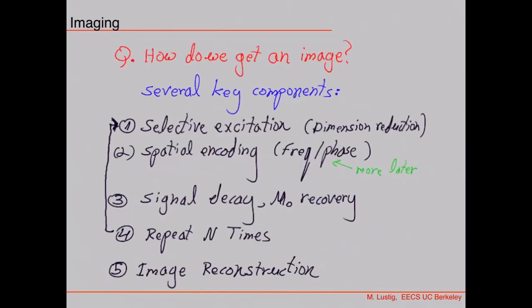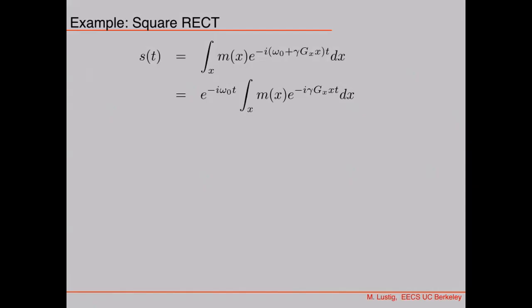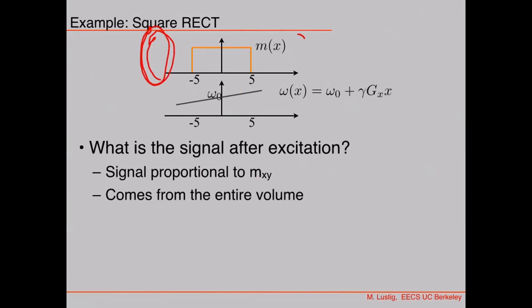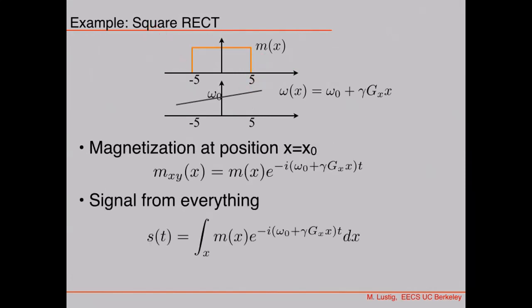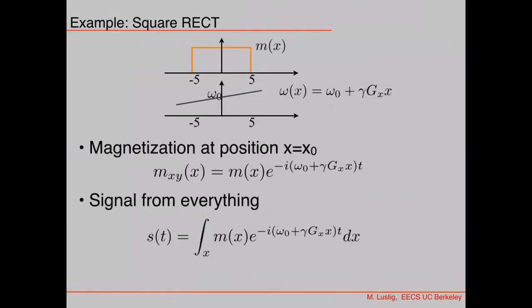Okay, so just to illustrate some of the key points here, we had an object that was a rect. Its Fourier transform is a sinc. We showed that if we apply a gradient field and excite, then we are effectively collecting data in the frequency domain of this object, starting at k equals 0 and then going positive over time.